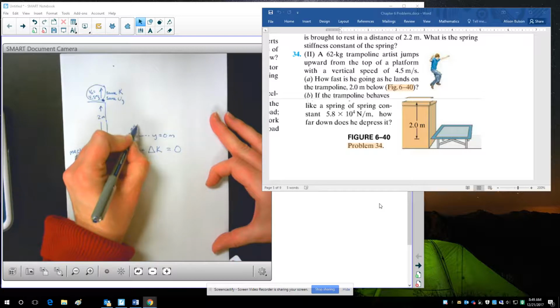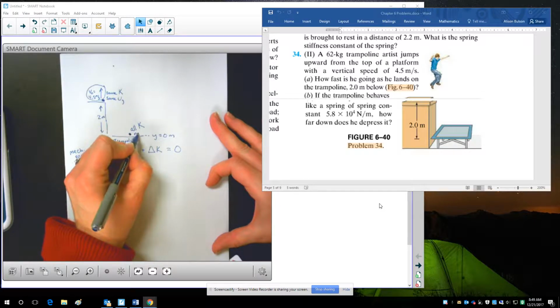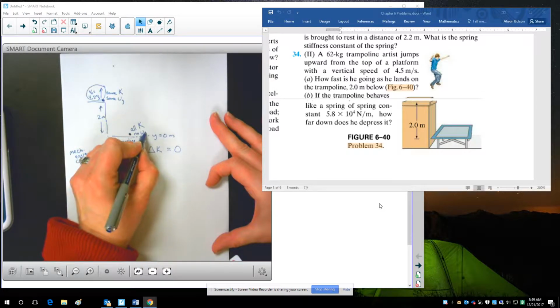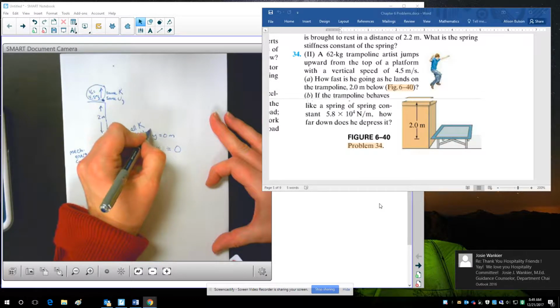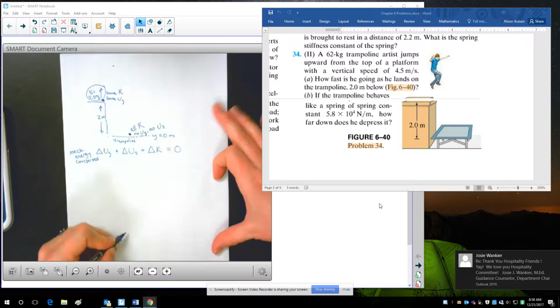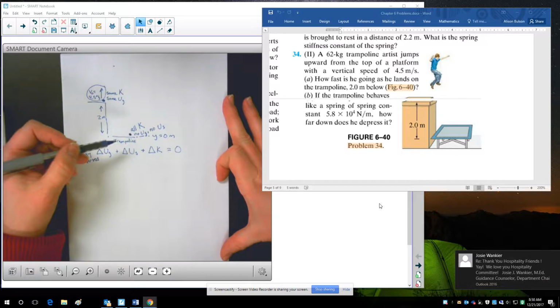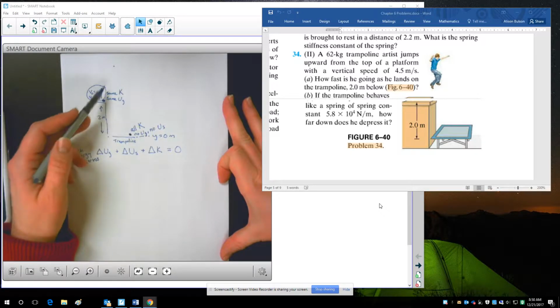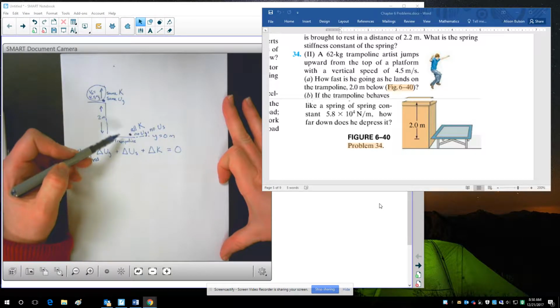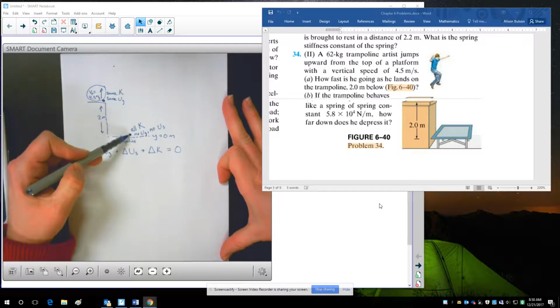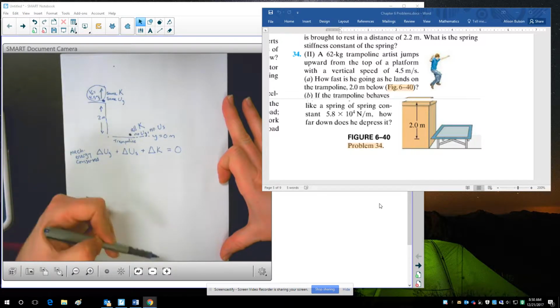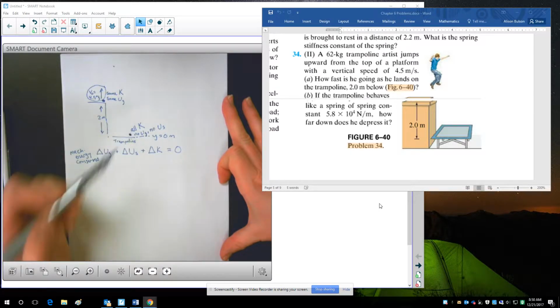He has all kinetic, no gravitational potential, because y equals 0 by our definition, and no spring potential, since he has not yet compressed. So by setting y equals 0 here, I make my first answer a little bit easier because I don't have to worry about gravitational potential energy here, and he hasn't compressed the trampoline, so I don't have to worry about spring potential energy here.